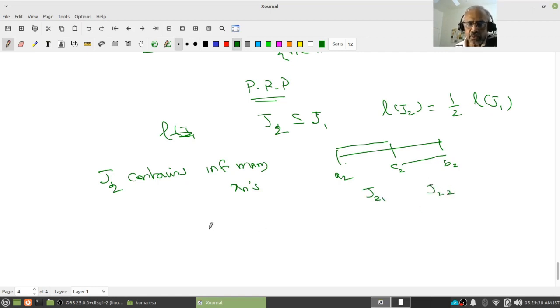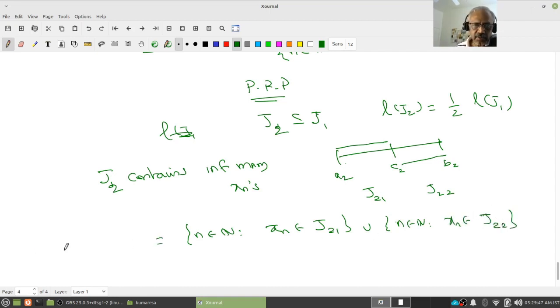Then what do I have? The set of n in N such that xn belongs to j21, union the set of n in N such that xn belongs to j22. This is the set of n in N such that xn belongs to j2.